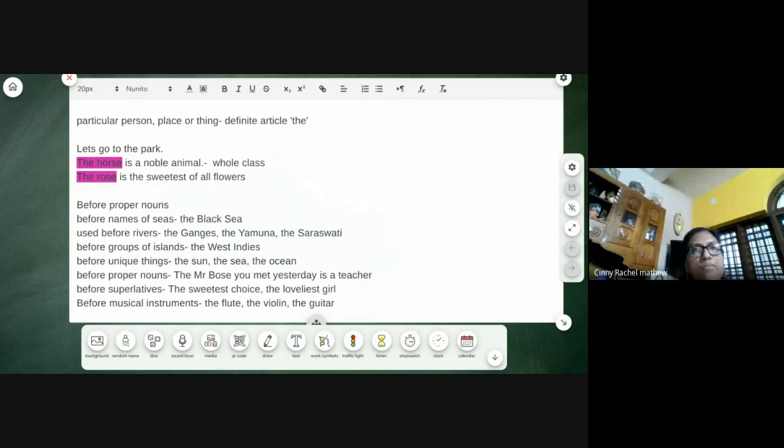Now, if you use it, it would signify all the horses, all the roses, all the oceans, and all the seas.